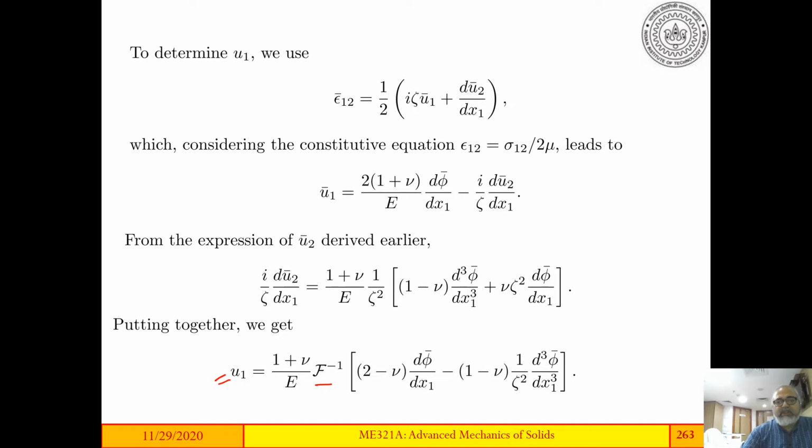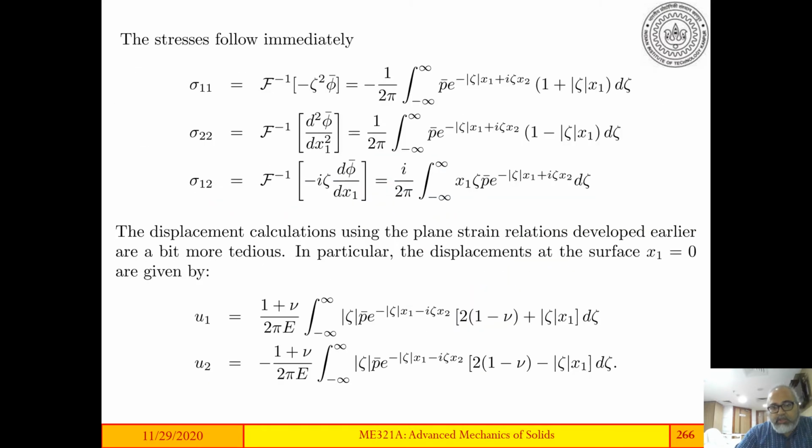Whether I can evaluate the integral or not depends on the kind of integral it is, but as an integral, I can get the answers right away. So these are the answers that I get for this more general problem, where the stresses are going to be this, and the displacements are these. So I get that right away.